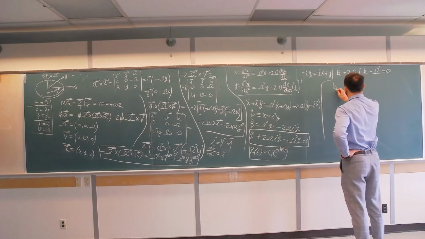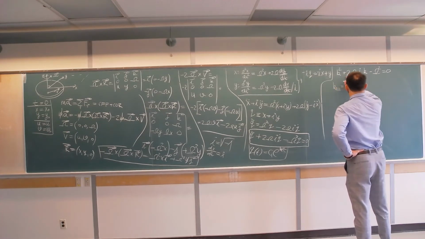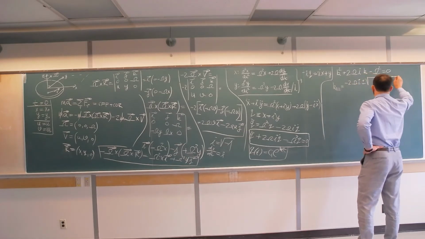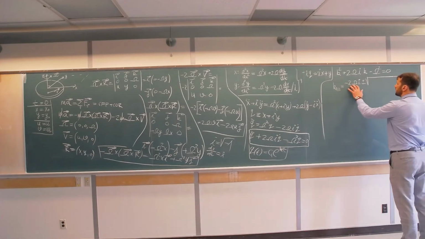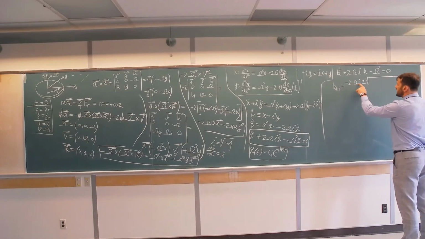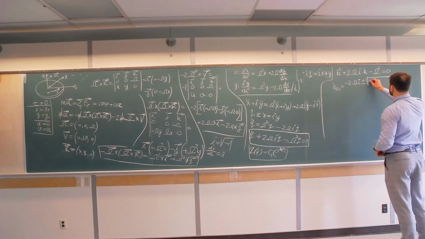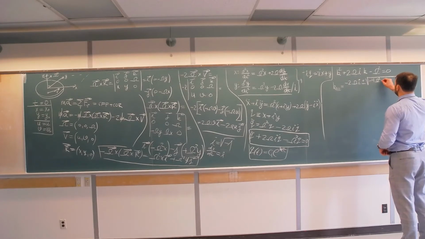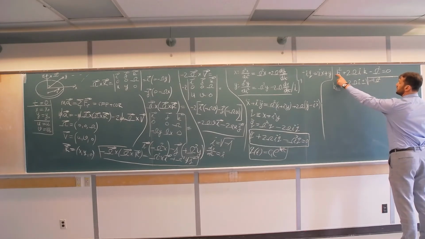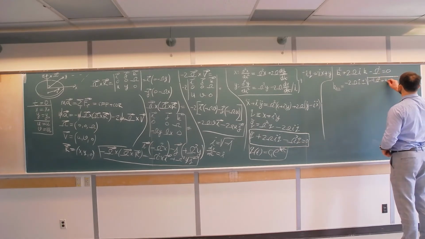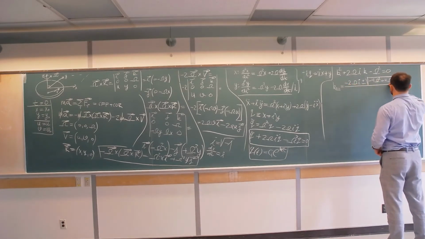Solution k12 is equal minus 2 omega i plus minus square root. This squared, that will be 4 omega squared i squared, but i squared is minus 1. So it will be minus 4 omega squared minus 4 this coefficient times this coefficient, so it would be plus 4 omega squared, divided by 2.